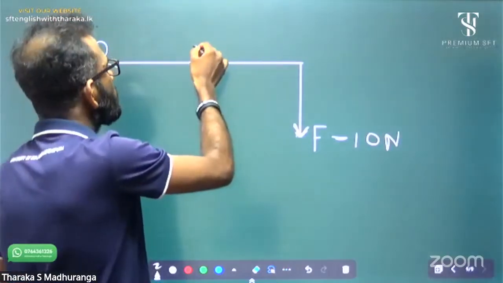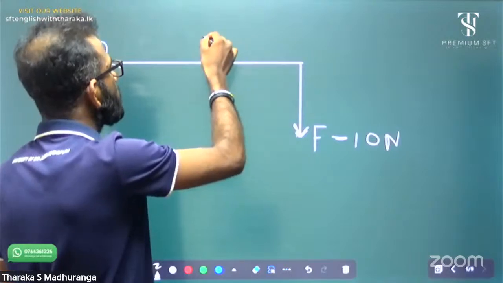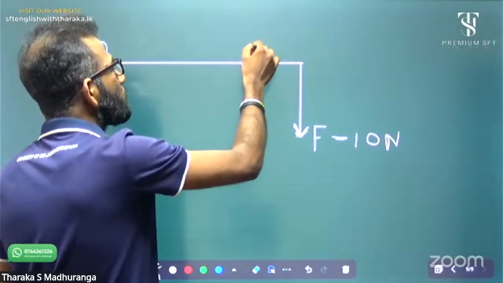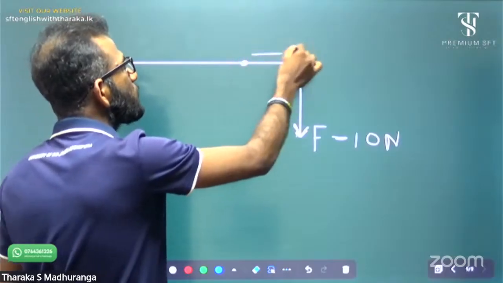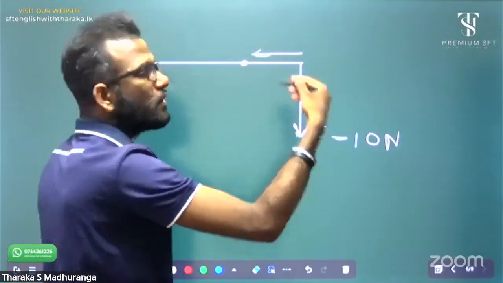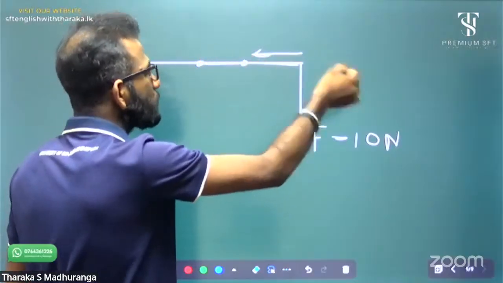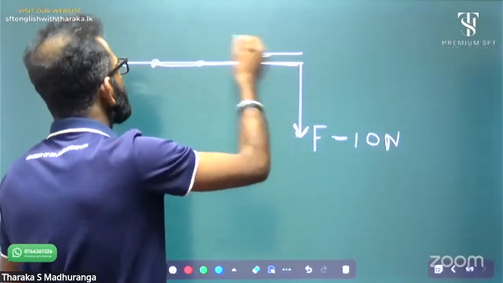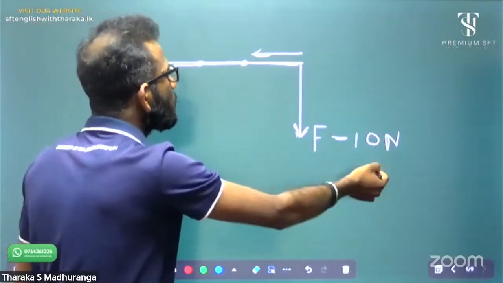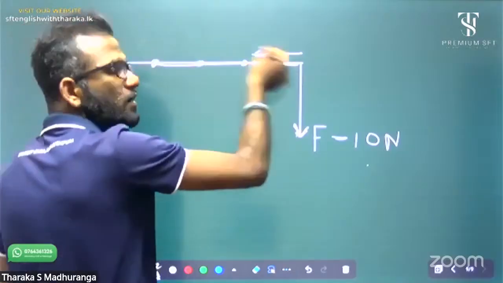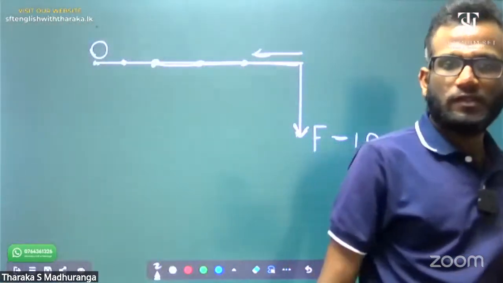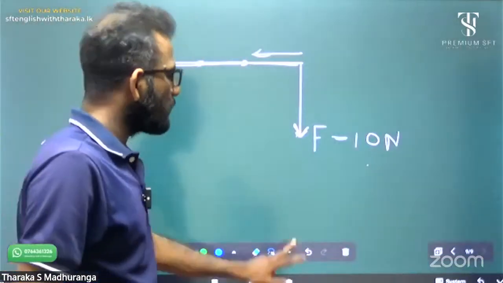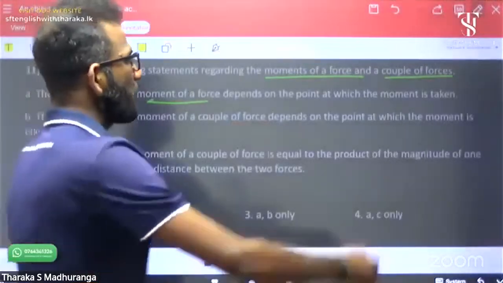At 1 meter distance, it is 10 Newton meter. At 2 meters, it is 20 Newton meter. At 3 meters, 30 Newton meter. At 4 meters, 40 Newton meter. At 5 meters, 50. It depends on the distance, right? It depends on the point where we take the moment of force. Yes, it is definitely true.